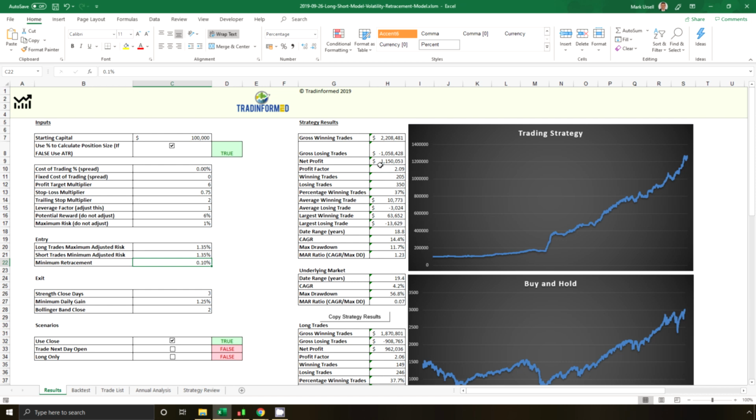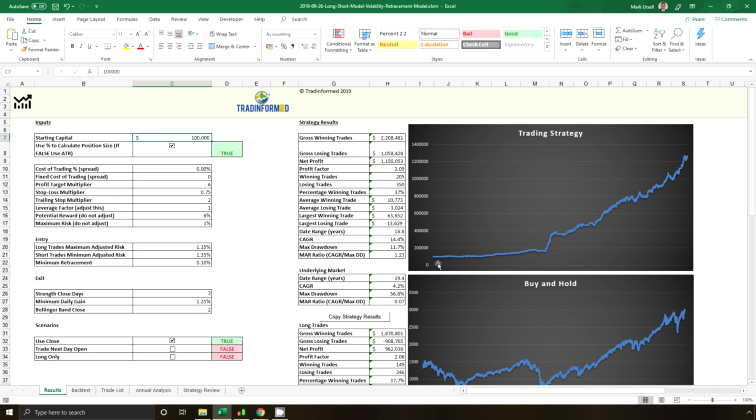Got a good profit factor, and that tells us that our gross winning trades is more than twice as much as our gross losing trades. So our largest winning trade and our largest losing trade, all of which are a function of our starting capital, which you can also adjust in this model.